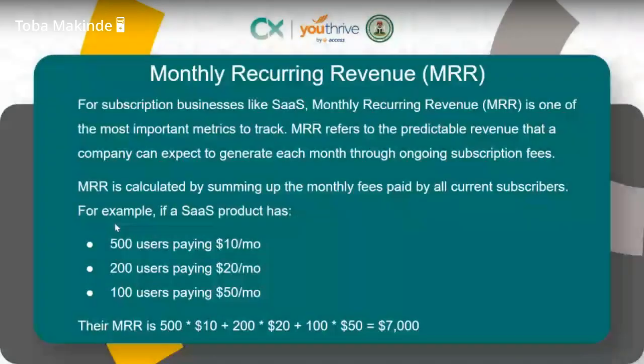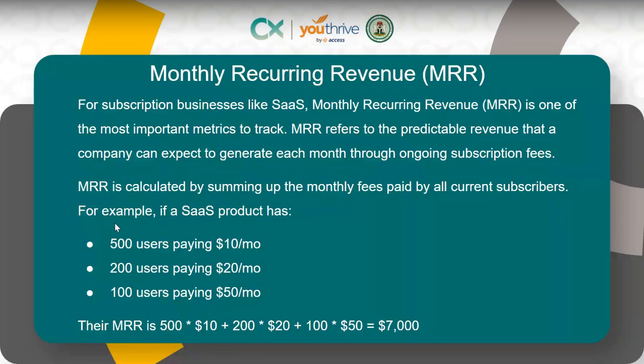For example, if a SaaS product has 500 users paying $10 per month, another set of 200 users paying $20 per month, and another set of 100 users paying $50 per month, your MRR is going to be 500 times 10 plus 200 times 20 plus 100 times 50, right?